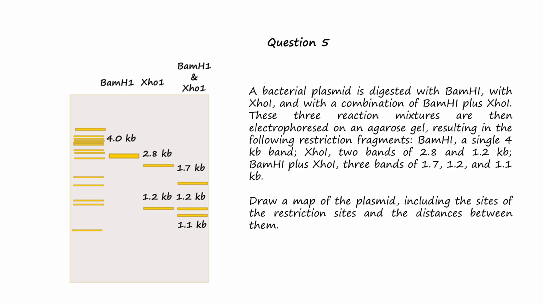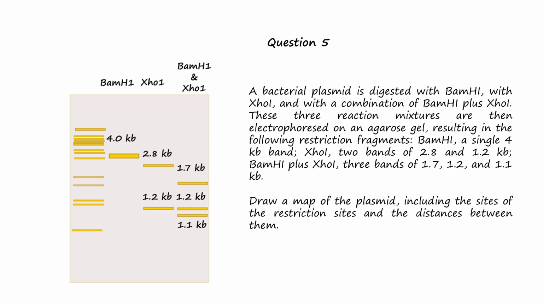BamHI shows a single 4 kilobase band, XhoI shows 2 bands of 2.8 kilobases and 1.2 kilobases. BamHI plus XhoI shows 3 bands of 1.7 kilobases, 1.2 kilobases, and 1 kilobase. Draw a map of the plasmid, including the restriction sites and the distance between them.